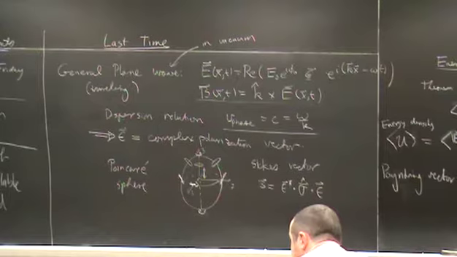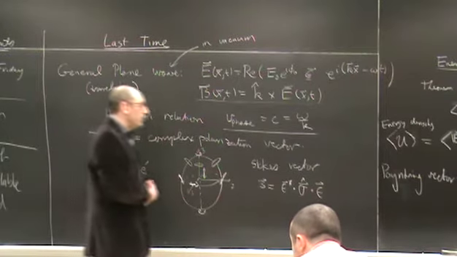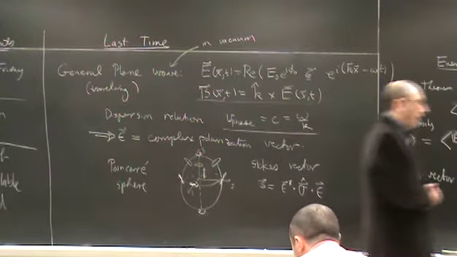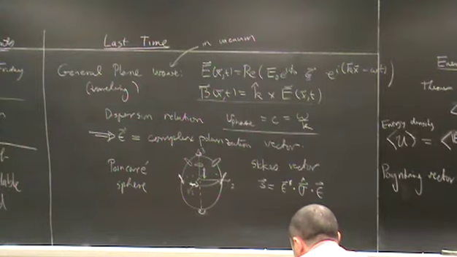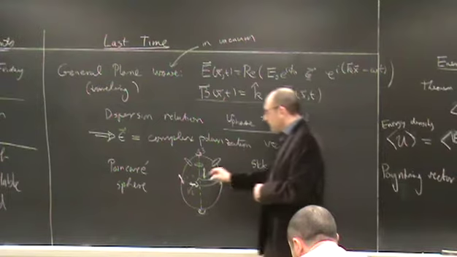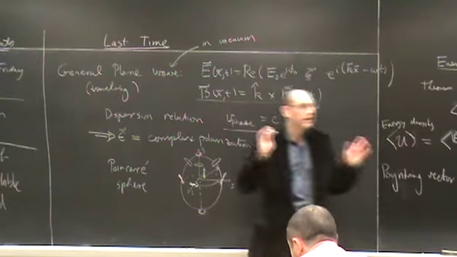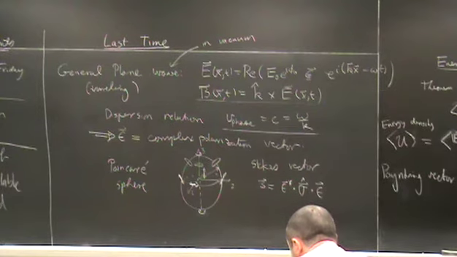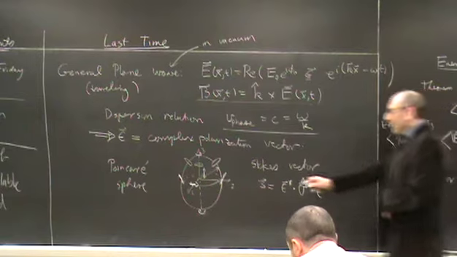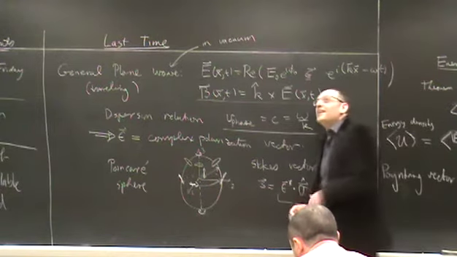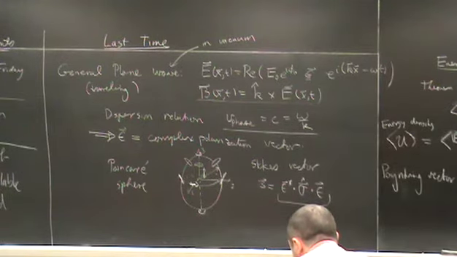Another way to represent the state of polarization is through what's called the Stokes vector, which is basically the point on the sphere. And since we're talking about pure polarization, it's a unit vector. One way to write those components is borrowing the language that we may be familiar with in quantum mechanics.